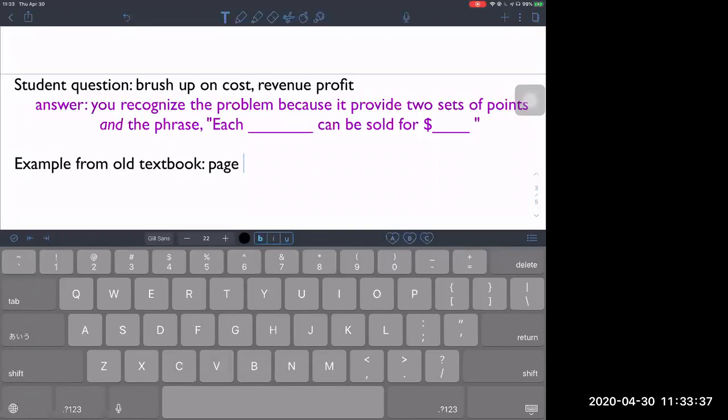Nope, that's not it. Ah, here we go. This is on page 36, old textbook, number 6.